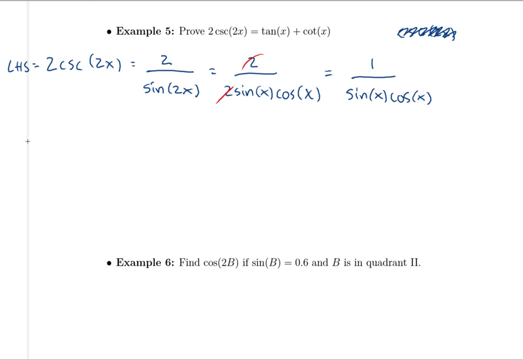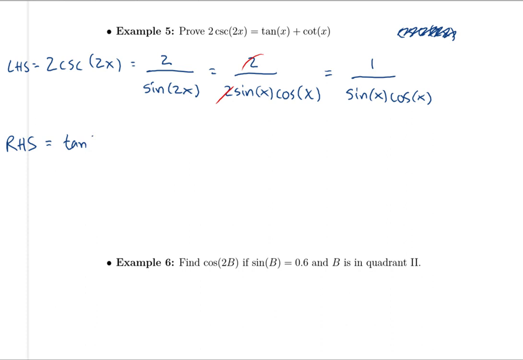So remember, it's okay to work on the sides simultaneously, or work on the sides separately, and if you can show that they both end up equaling the same thing, then you're in good shape. So let's investigate the right-hand side. Maybe we can make it look like this.